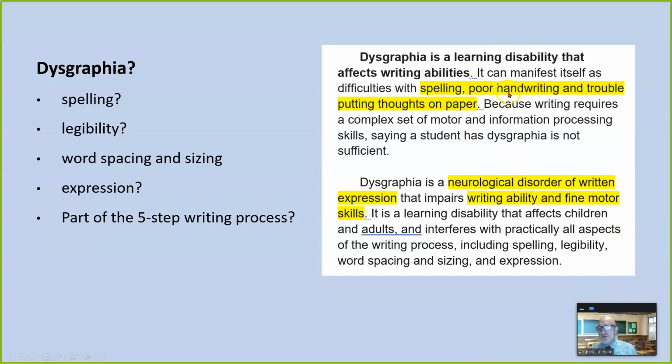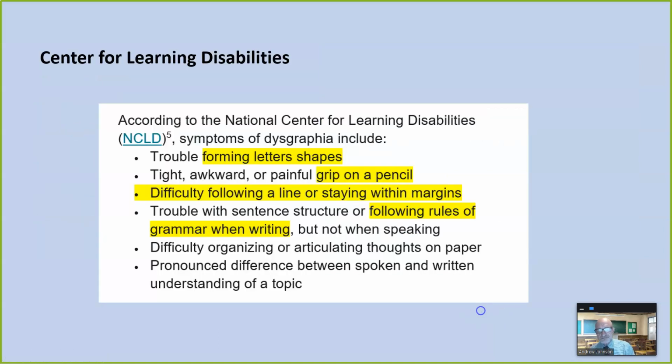Dysgraphia: spelling, poor handwriting, and trouble putting thoughts on paper, a neurological disorder. Written expression impairs writing ability and other fine motor skills. The Center for Learning Disability says that trouble forming letters, grip on the pencil, difficulty following a line or staying within margins, following rules of grammar when writing.